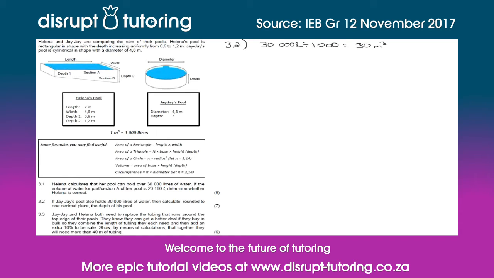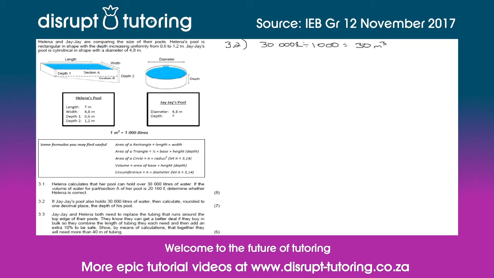So now that we have it in the same units of meters, we can then use the volume of a cylindrical shape. So it tells us over here that the volume is the area of the base times the height, and the base is a circle. So this is the area of a circle.